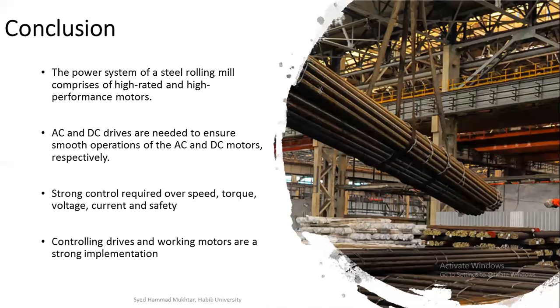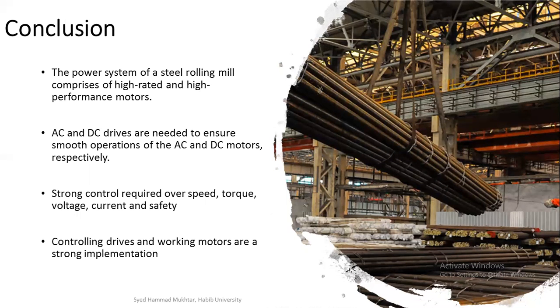So, what can we conclude from the power system of a steel rolling mill? We now know that a steel rolling mill comprises high rated and high performance motors because of the load they have to work upon and the duration they have to work. AC and DC drives are needed to ensure smooth operation of these AC and DC motors, and strong control is required over speed, torque, voltage, current, and safety.